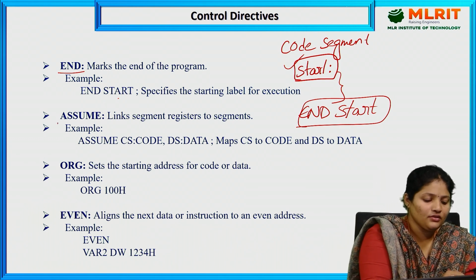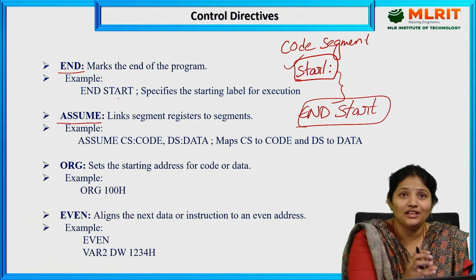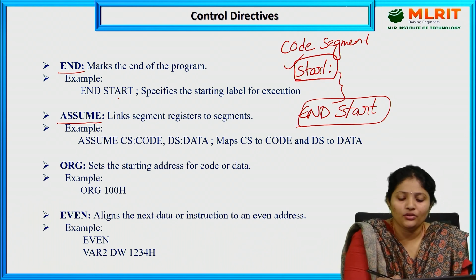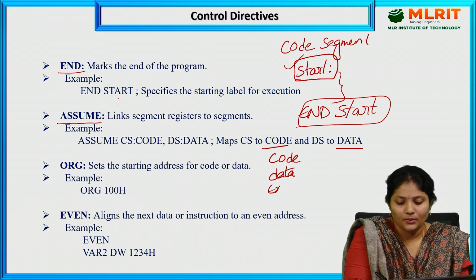So coming to the assume, this particular directive links segment registers to segments. As I already told you, we have 4 segments: code segment, data segment, extra segment, and stack segment.